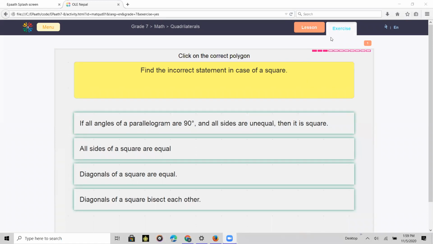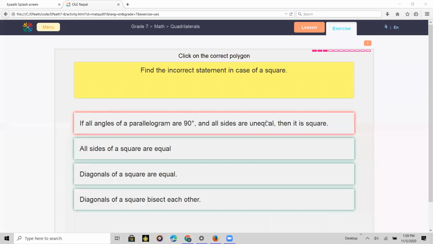Now, which one is the incorrect statement according to you? The first one. Are you sure this first statement is incorrect? Yes, sir. Okay, now I will ask my computer. Hello, Mr. Computer.